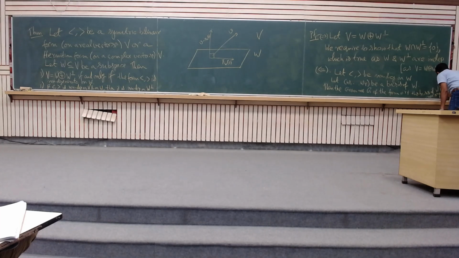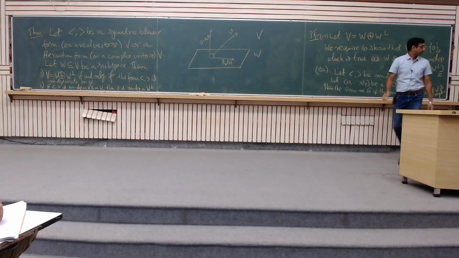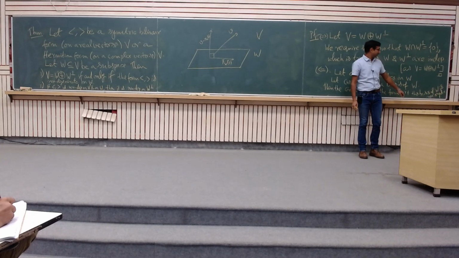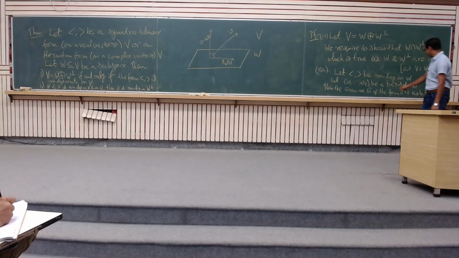Okay. Is it legible for all of you, or should I write it somewhere else? I'm just writing that the gram matrix of the form is non-singular, okay, because it is given to be non-degenerate on W. Okay.